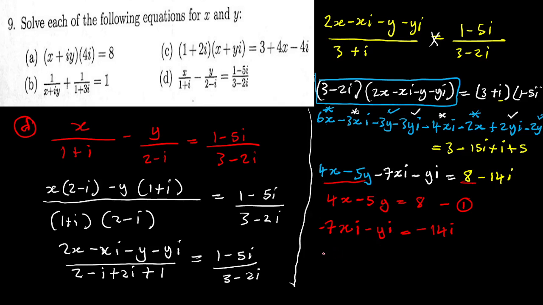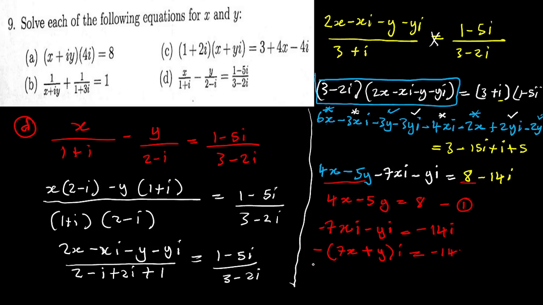So here I can say negative outside, open, then 7x, and then plus, because I've factorized a negative, y, then close, i, and this should be equal to negative 14i, right?